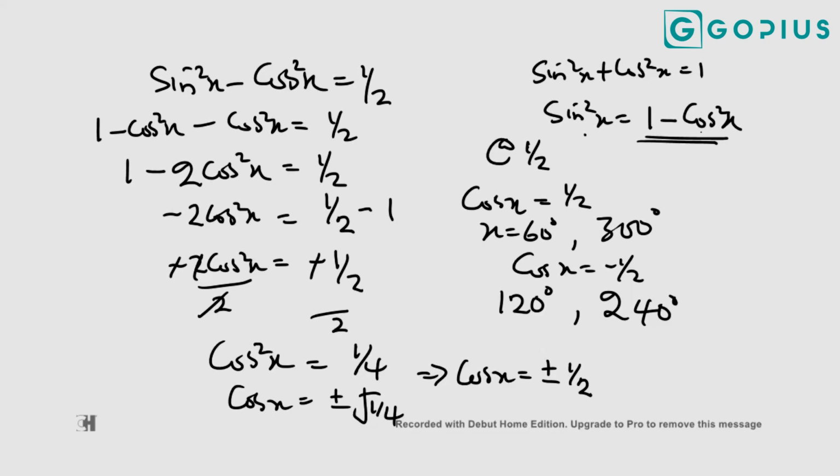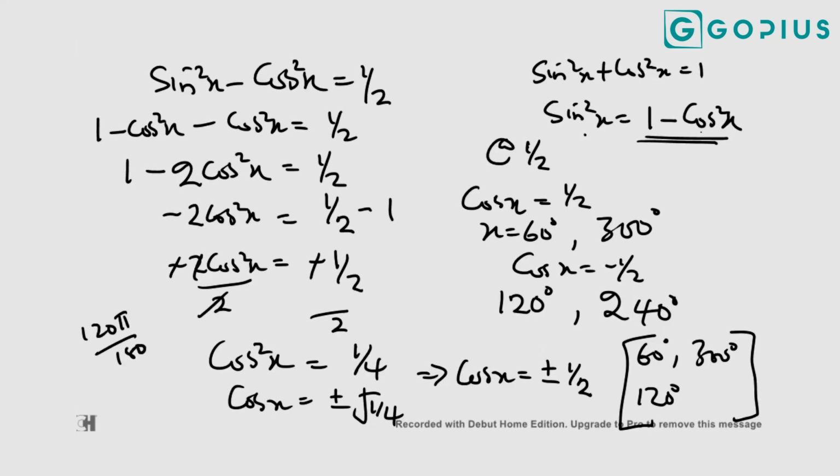So ladies and gentlemen, the solution for that particular trigonometric equation is 60 degrees, which is pi over 3; 300 degrees, which of course I've already shown you is 5 pi over 3; 120 degrees. Now 120 degrees, if you want to write it in terms of pi, will give you 120 times pi all over 180.